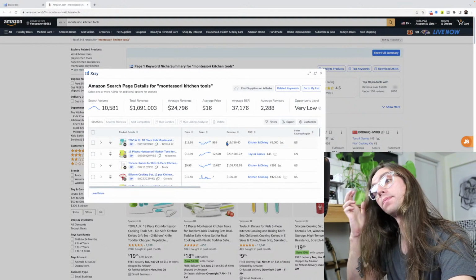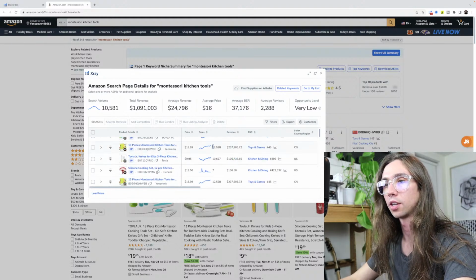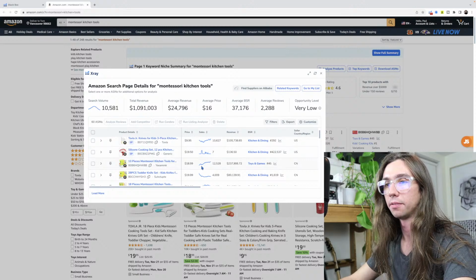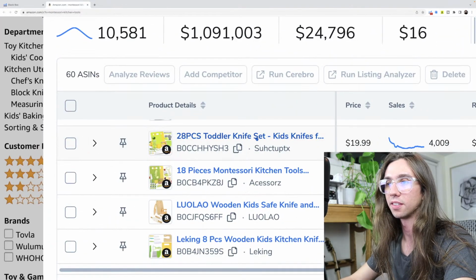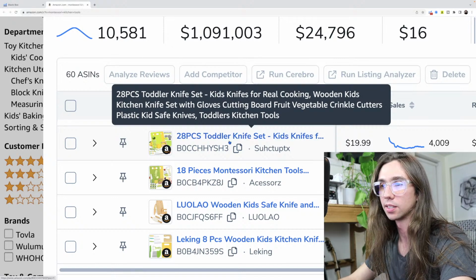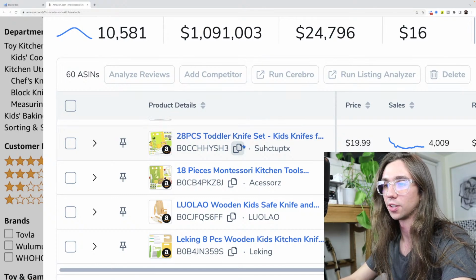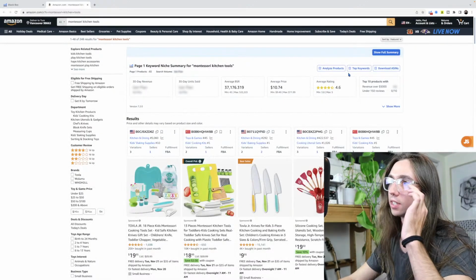Let's see though. Yeah, I mean, they're crushing. For sure. Q4 is going to do good. Obviously. You just never thought in life you would hear those 3 words combined, you know? Toddler knife set. There's just something that's not right about seeing that.